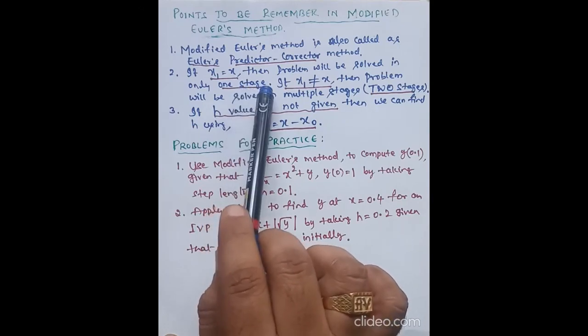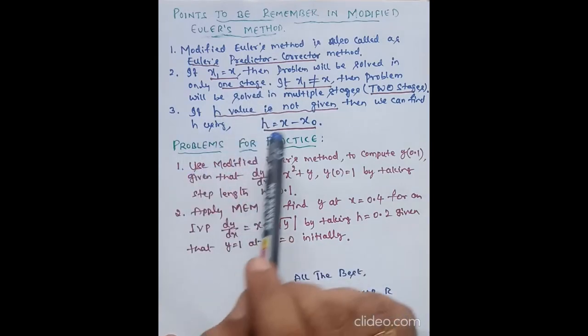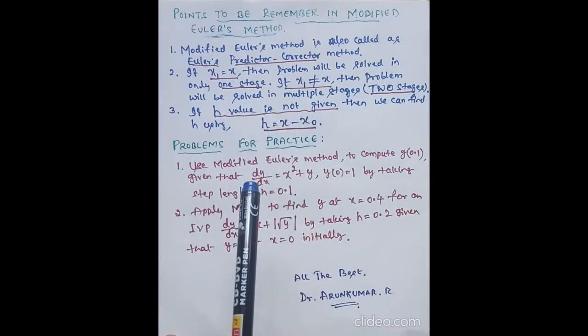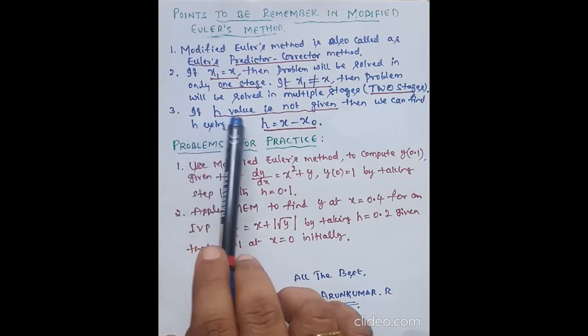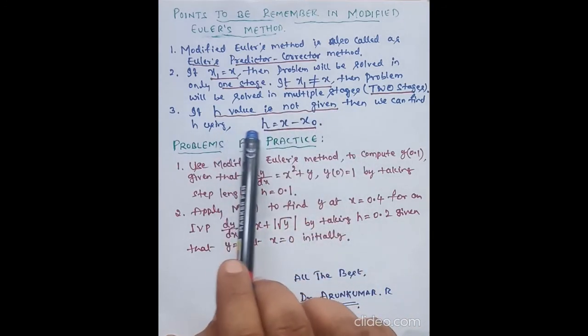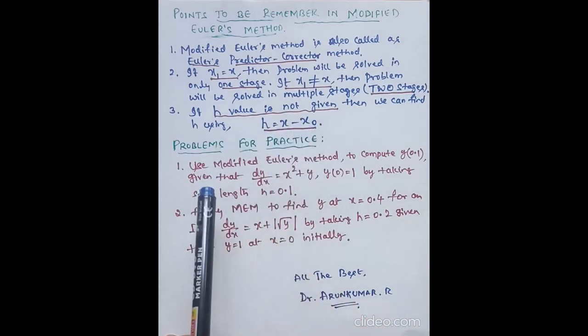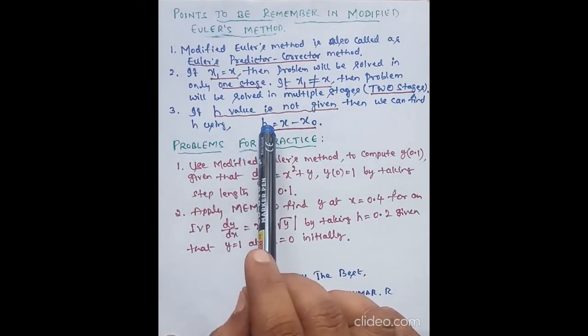So while solving a problem in modified Euler's, you have to decide in how many stages the problem can be solved. Third point says if the value of h is not given, then we can compute the value of h by using x minus x naught. So sometimes in the problem, they will not give the step length h value.